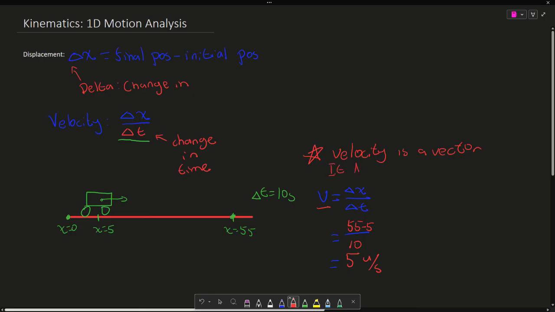It must have a direction. So in this case, let's call this the negative direction and this the positive direction.